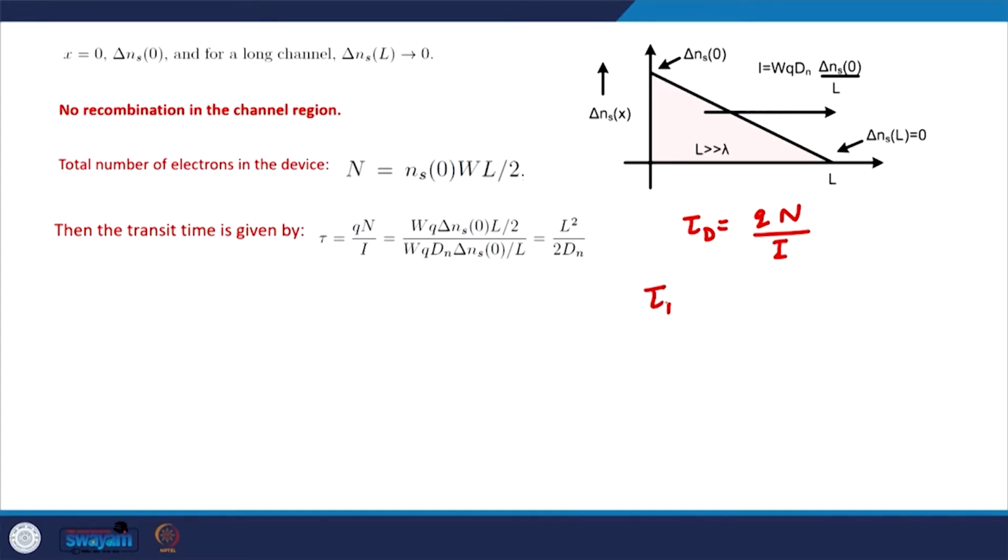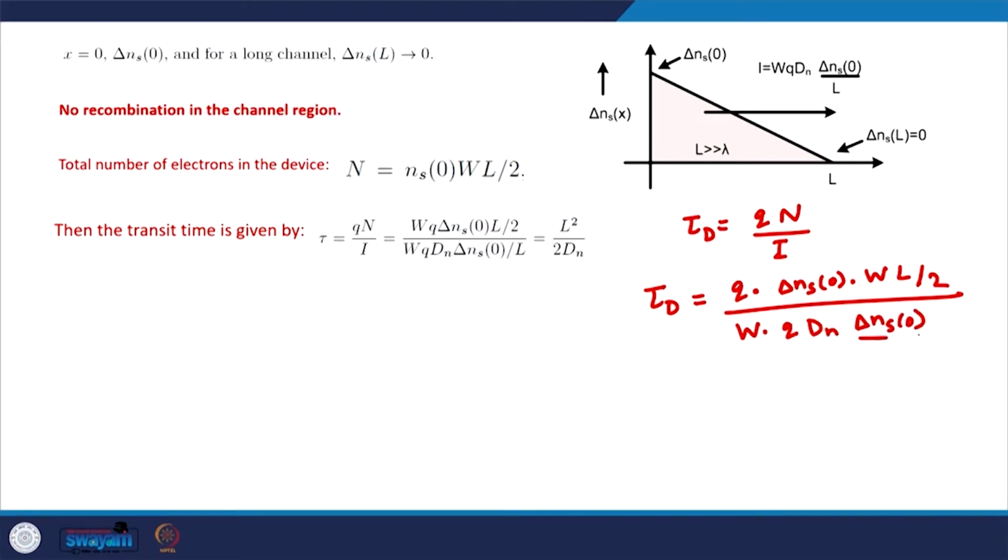So, this tau_D will be equal to q times this n, which is delta n_s0 times W L by 2, divided by I, which will be equal to W times J, and J is q D_N delta n_s0 divided by L. So, this is what we have in the diffusive transport case, and as you can see, delta n_s0 will cancel out, q with q, W with W. What is left here is this tau_D will be equal to L square divided by 2 D_N.